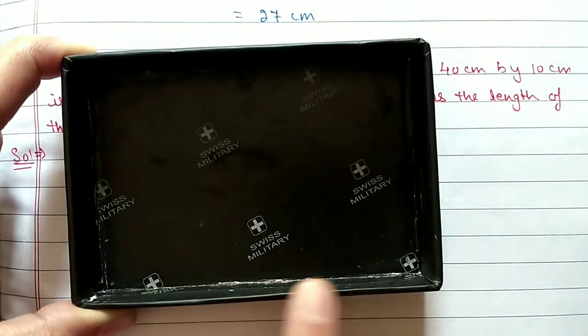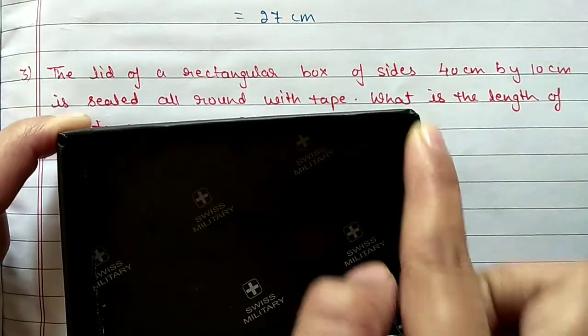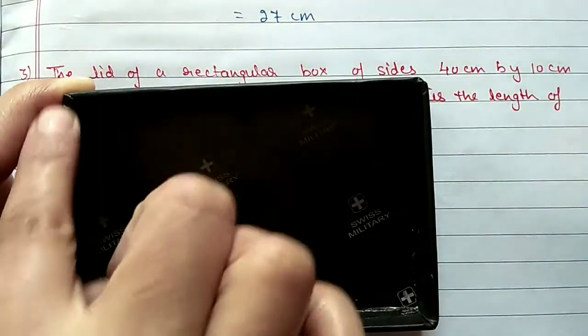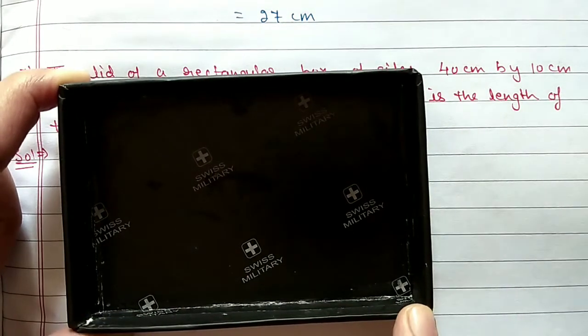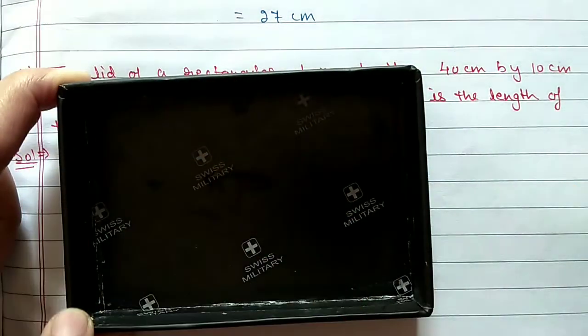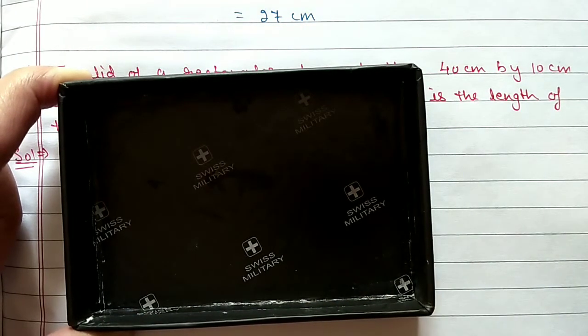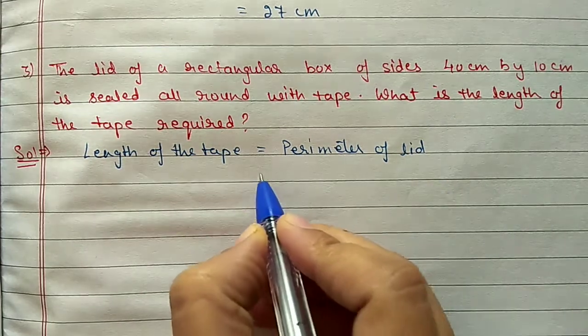And this is given, this is 40 centimeter and this is 10 centimeter. So we have to put tape here all 4 rounds. So tape, how much will be the length of tape? Length, breadth, length and breadth. It means the perimeter of this rectangle. So we'll find the perimeter of lid means perimeter of rectangle.